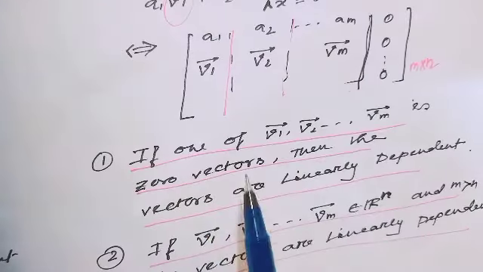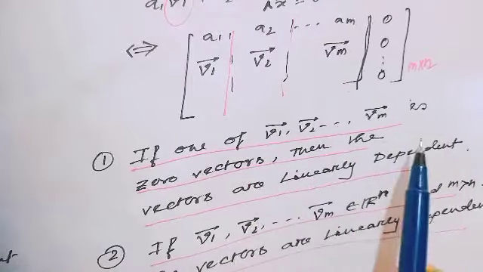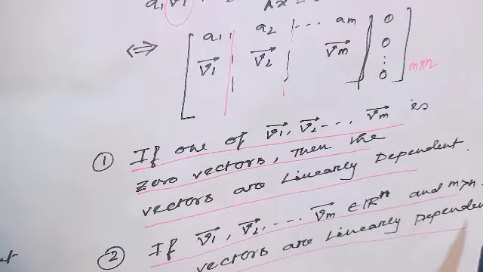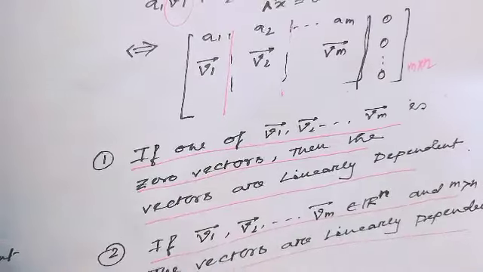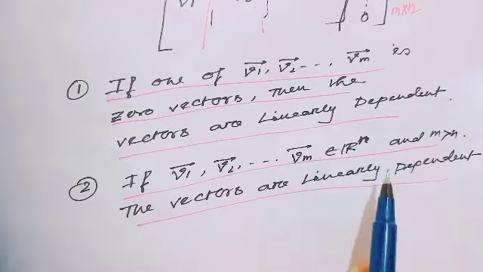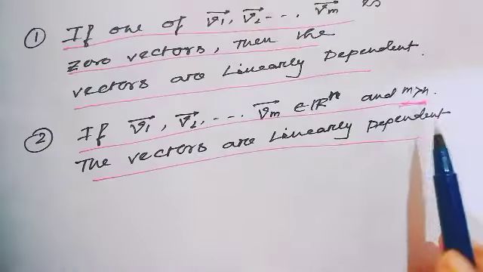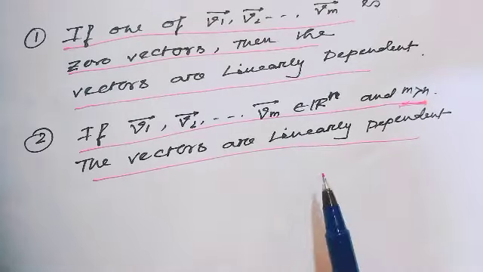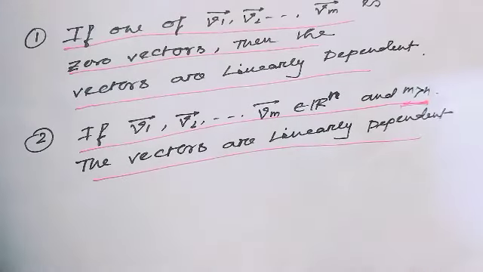If one of v1, v2, up to vm is the 0 vector, then the vectors are linearly dependent. Also, if the number of rows is greater than the number of columns, then the vectors are linearly dependent.